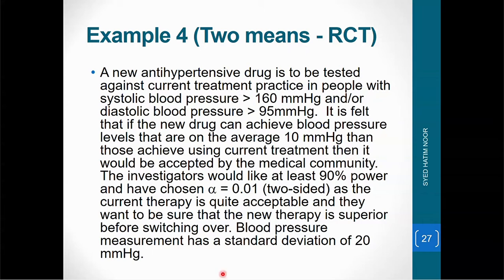And the standard deviation, they take from the literature, is 20 millimeter mercury. Maybe this is from the current treatment, because the new antihypertensive is not available yet, it is just being tested. So this is the standard deviation from the current treatment. Power they set as 90%, alpha is 0.01. Put in the formula.